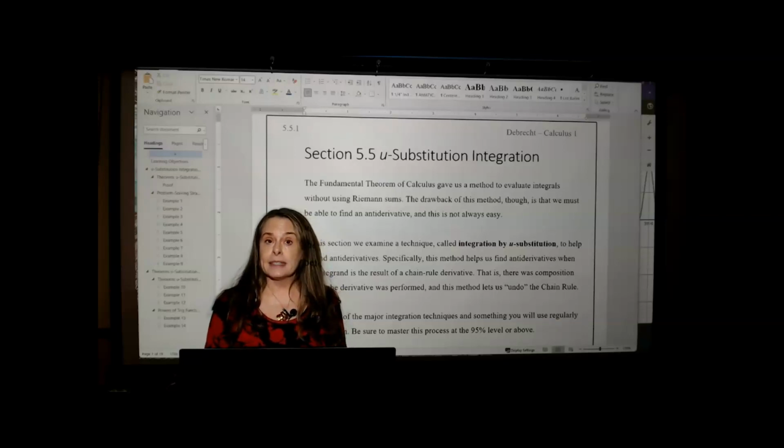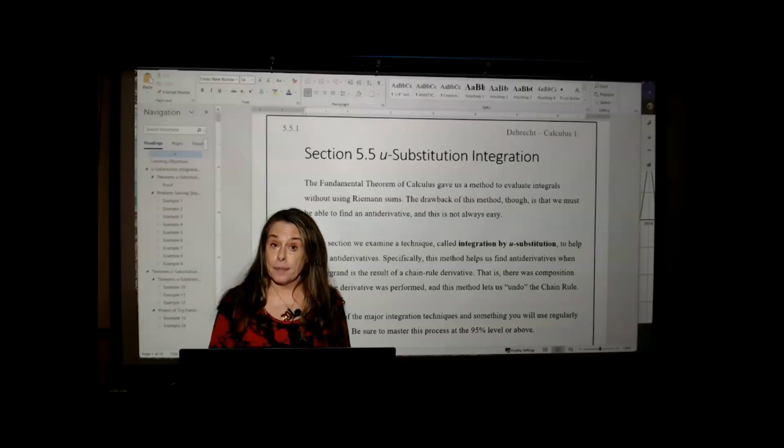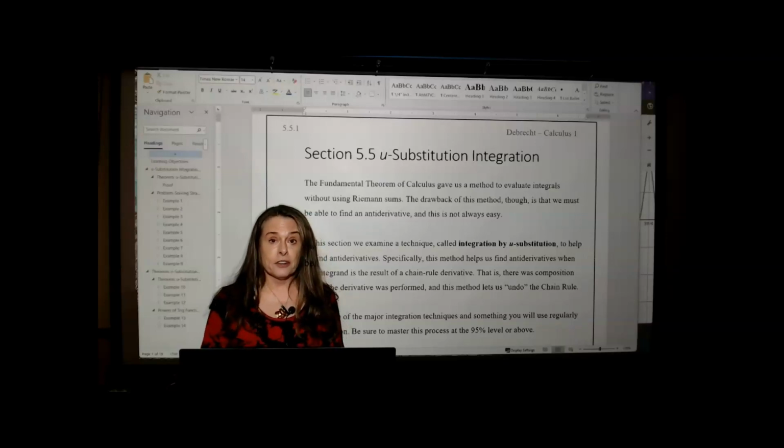It is very basic and gets used a lot, as in tremendously often. This is one that you need to master at the 95% level or above. You've got to be good at u-substitution integration to continue into Calculus 2 and Calculus 3.